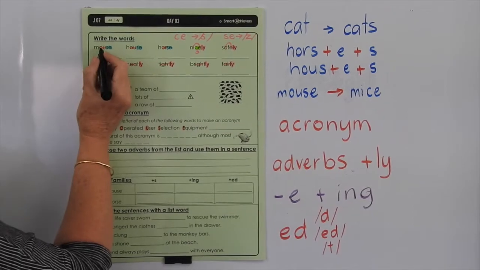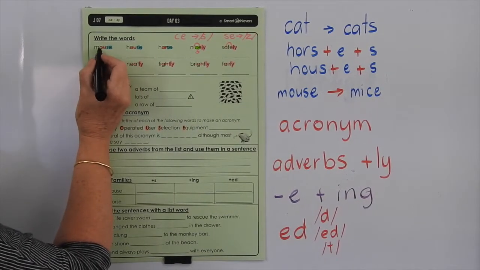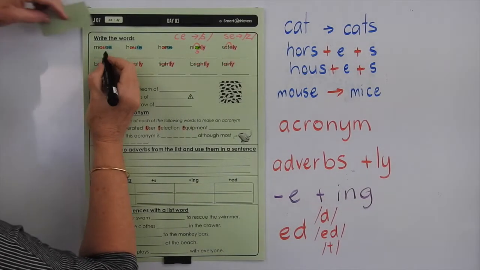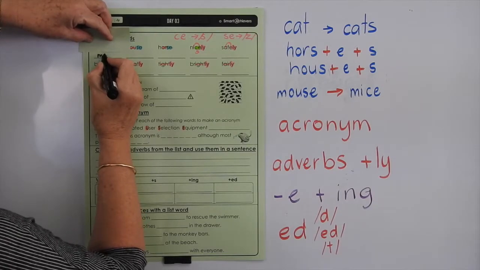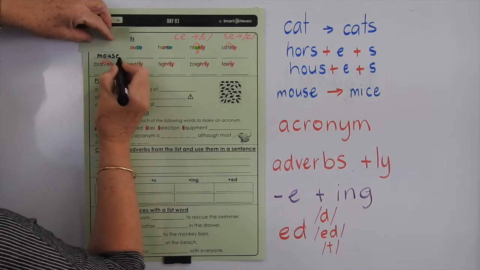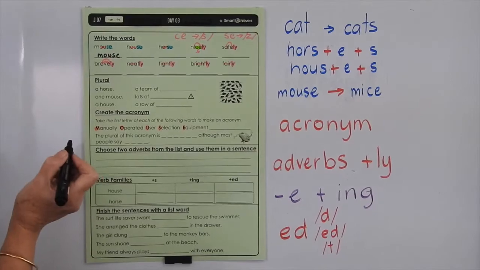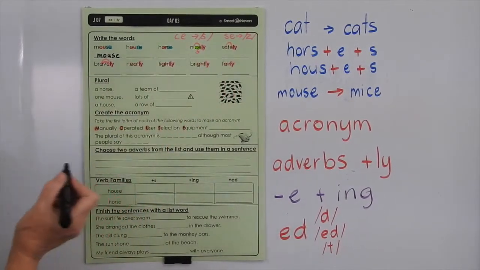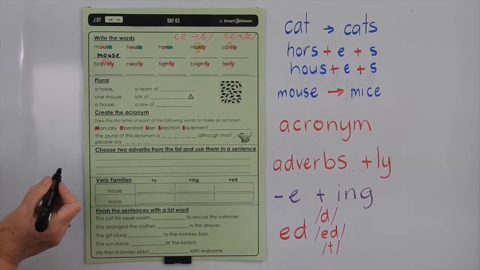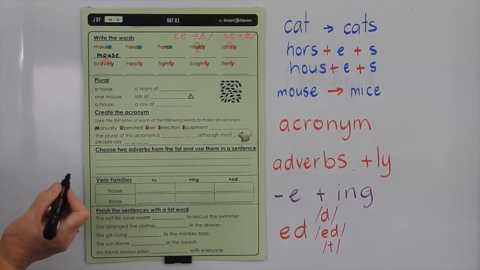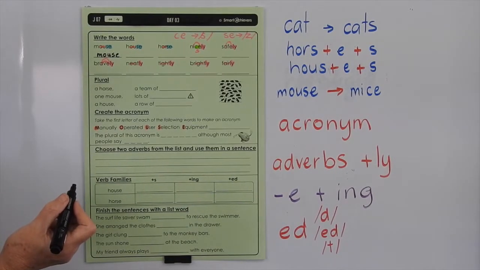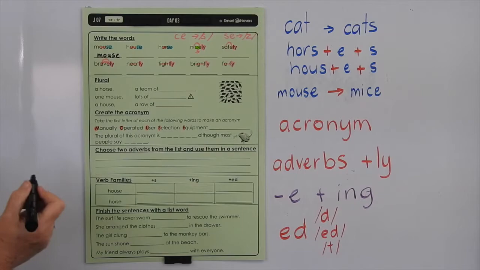We've got mouse, mouse, M-O-U-S-E. So we cover M-O-U-S-E and then check to make sure it's right. So it's very important that you read these words, that you sound them so you know the letters that you have to find for these sounds.